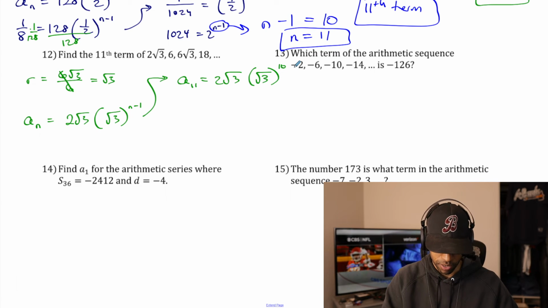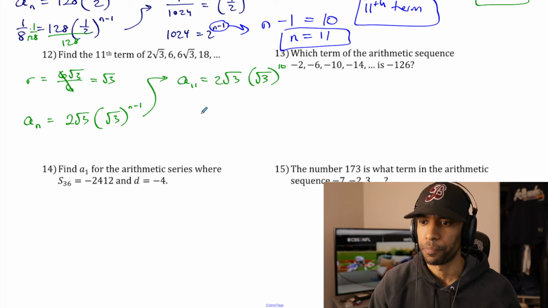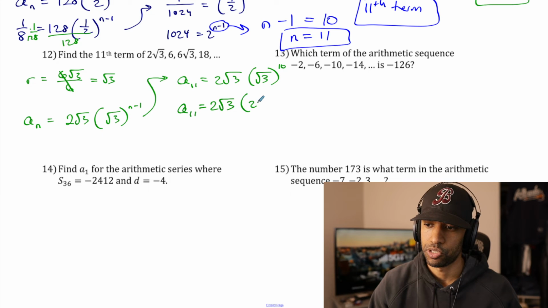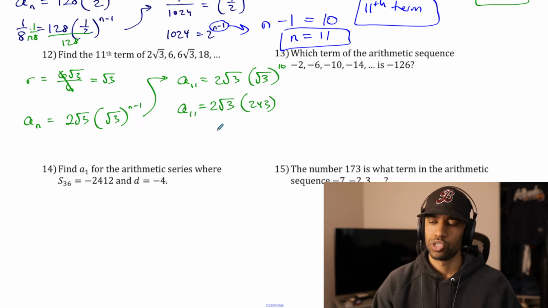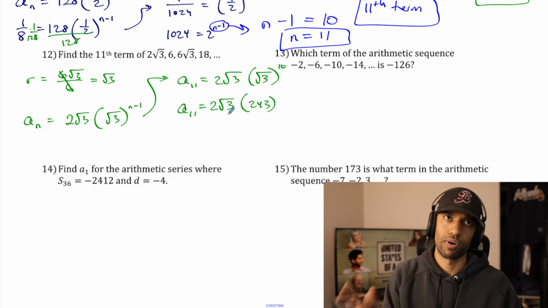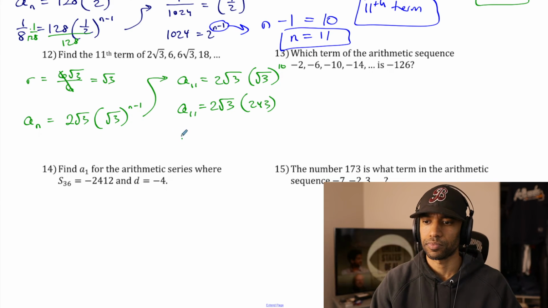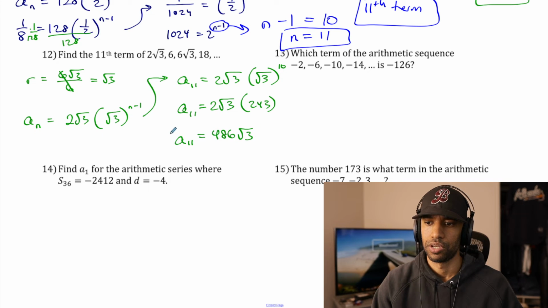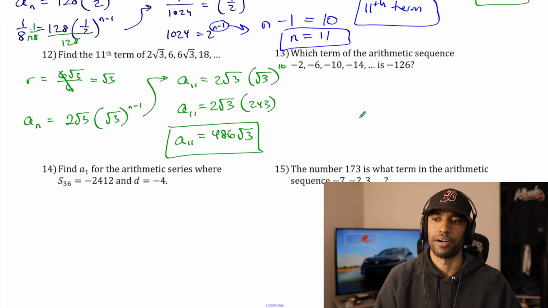It should be 243. Let's check it out. Square root of 3 raised to the 10th power, 243. So a sub 11 is 2 root 3 times 243. 2 times 243 is 486. So this becomes 486 root 3 right there.